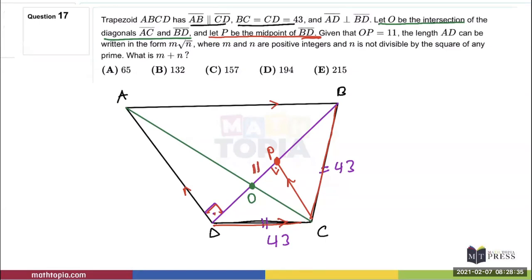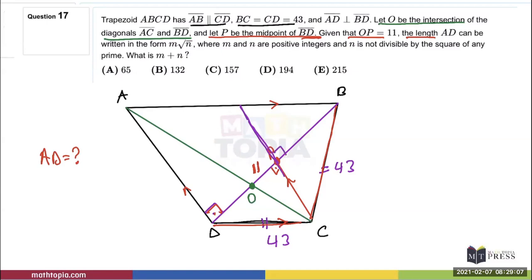The length of OP is 11, and then we are going to figure out the length AD. First of all, I would like to extend this point towards AB.